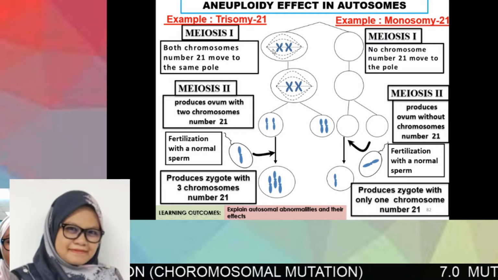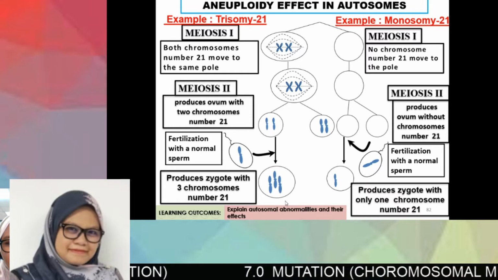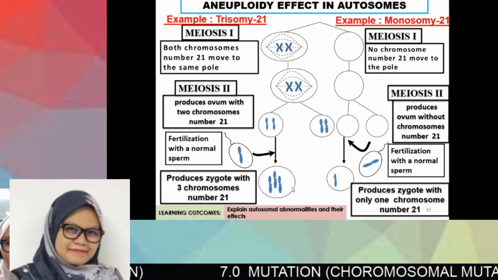Kemudian gamet ini fertilize dengan normal gamet yang membawa satu sahaja kromosom untuk pasangan ke-21. So, hasilnya adalah individu yang akan ada 3 kromosom pada pasangan ke-21. Okay. Itu adalah untuk kes trisomy.